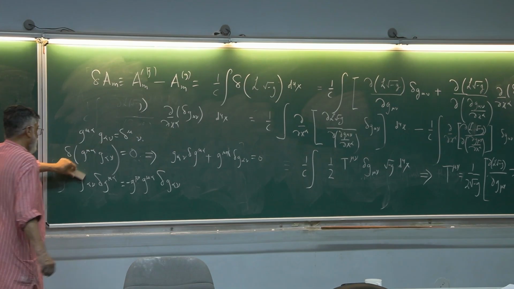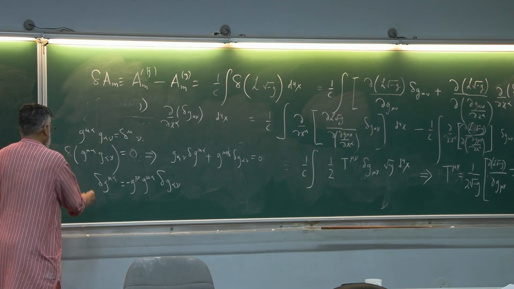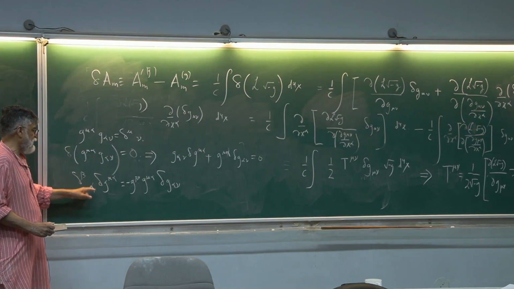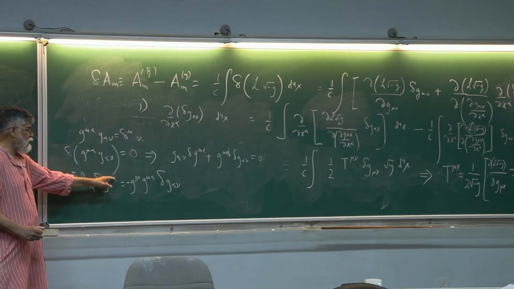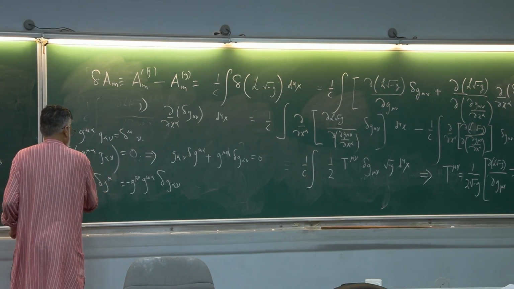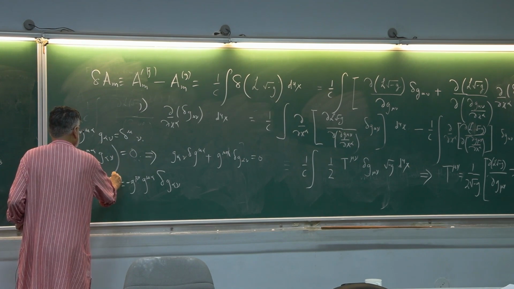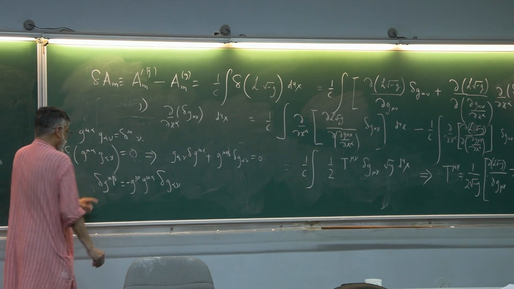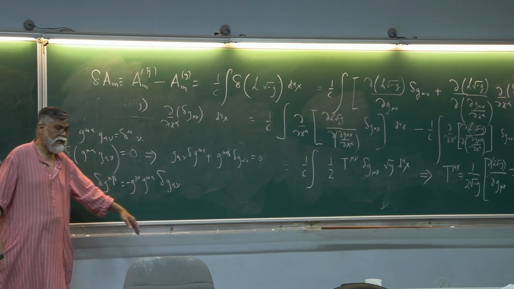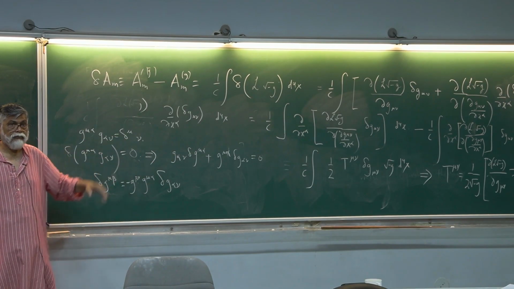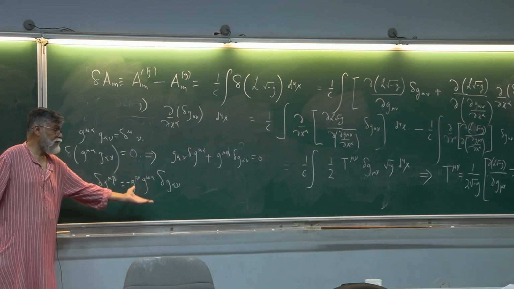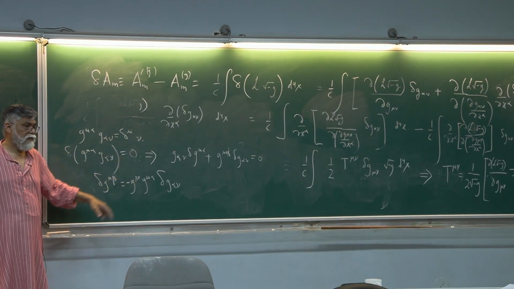So this is delta beta alpha. Alpha is being summed over, Kronecker delta, so wherever there is alpha, I get beta. So I have got the identity that delta g mu beta upstairs is related to delta g alpha nu downstairs by this. Remember, it's not plus. It doesn't transform like a tensor. It's not raising and there's a negative sign.